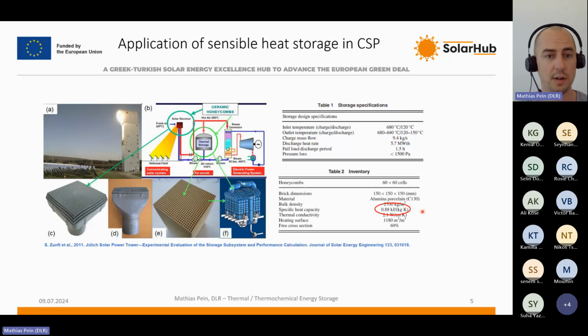So the bigger the concentrated solar energy plant is, the bigger the storage system has to be, especially when you want to increase the amount of storage time, maybe even beyond 24 hours, to account for days where the plant cannot run at full power. You can cover, in the best case, even multiple days or weeks of shortages of solar radiation in that sense.